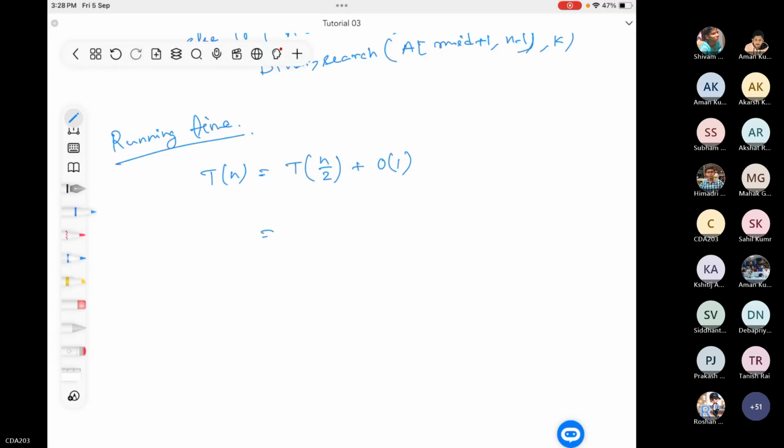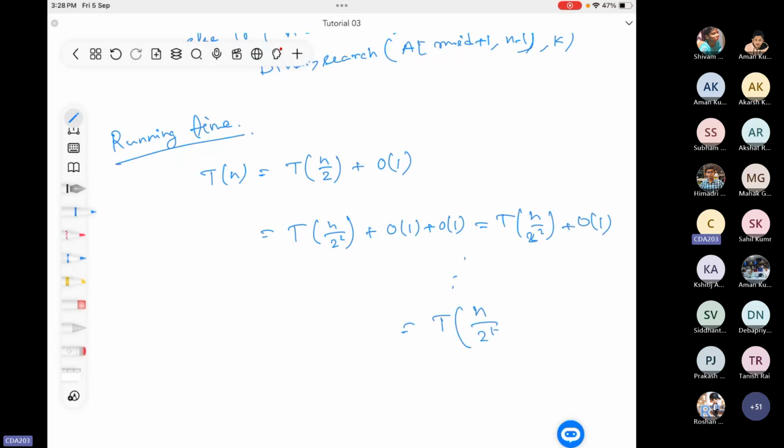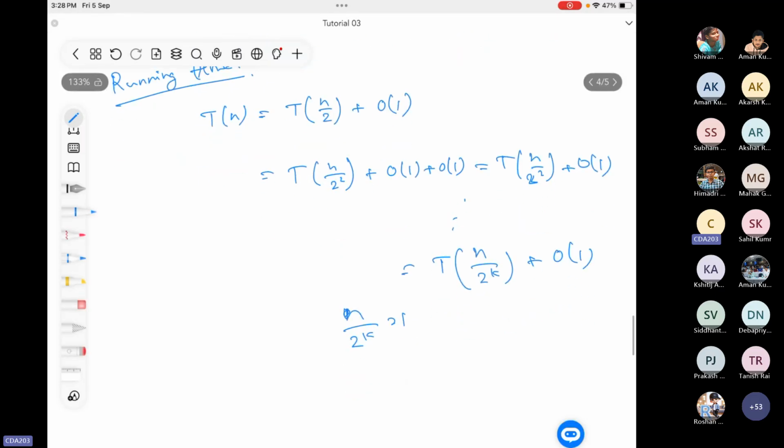And how to solve this? I think you have done something like this previously. So you can keep on repeatedly doing this, order one plus order one, and if we continue in this way, you will continue up to some k steps, till n by 2 to the power k equal to 1.